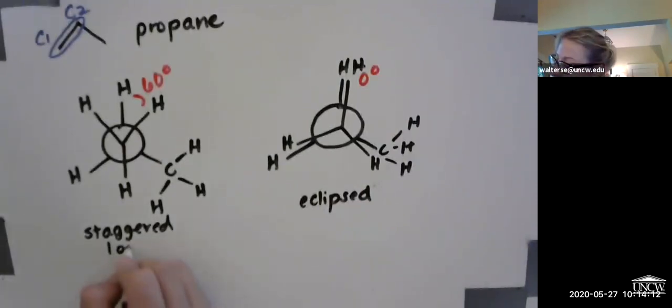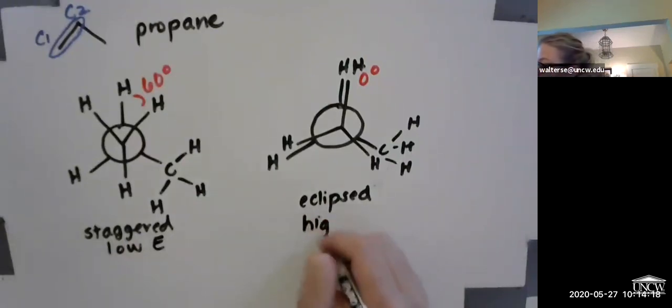The staggered is low energy. The eclipsed is high energy.